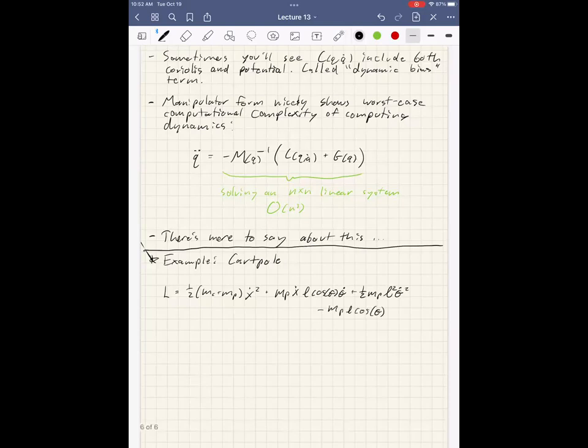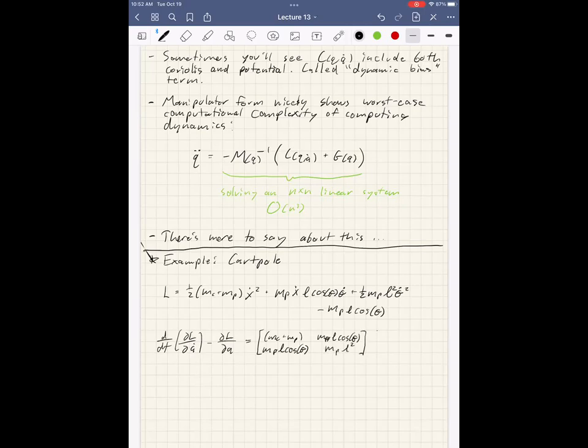If I chug through the Euler-Lagrange equations, I'm going to get the mass matrix I had before, with m p l squared.